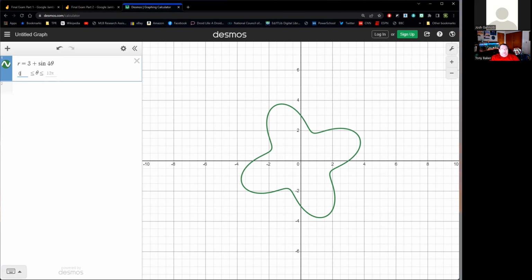So if you're doing 0 to pi, we're not going to have the whole shape. If you're doing 0 to 2 pi, we have the whole shape. So we know our integral is going to go from 0 to 2 pi. So make sure when you're graphing it, it's not duplicating on itself. And that means you would only want to do 0 to pi. So just keep that in mind.